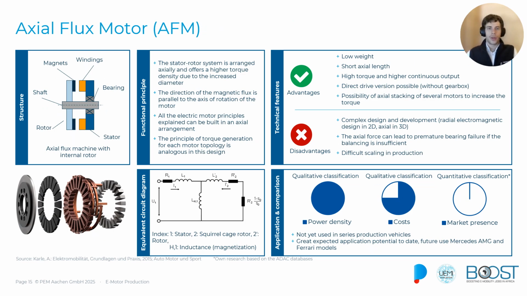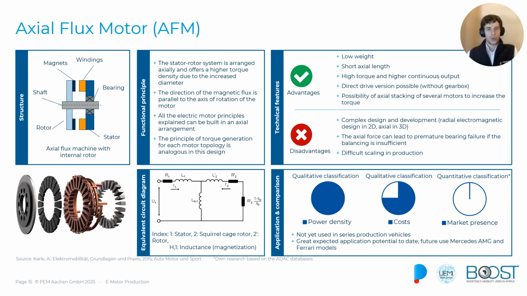Now we need to think a bit out of the box. But first of all, the axial flux motor has the same principle as the permanent magnet motor. We use permanent magnets in the rotating part and energized windings in the stator.